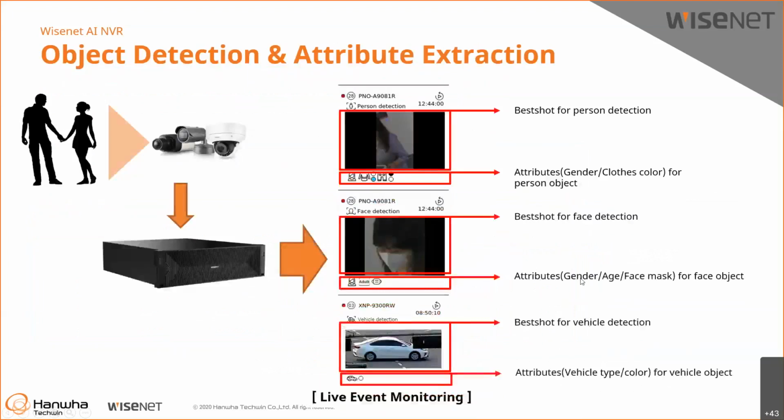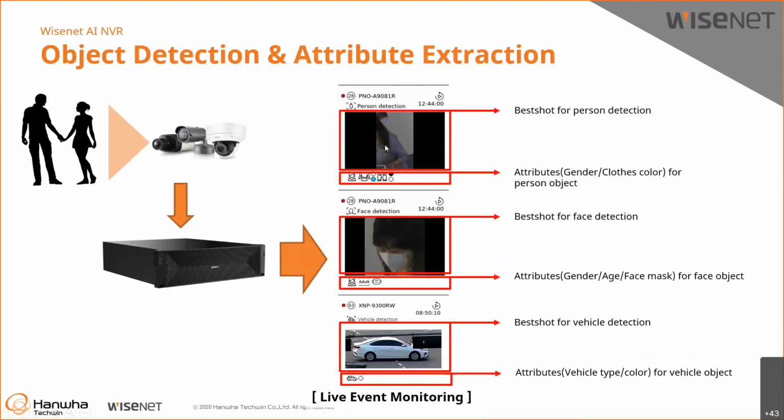Okay, about the object detection, we already released our AI camera last year, so I think maybe you are quite familiar with these AI features. It's actually the same. The camera will take the shot and send metadata to the MVR, and the MVR will do the job for the AI features, and you can see the best shot and attributes from the event bar.